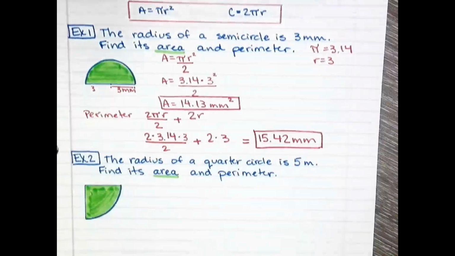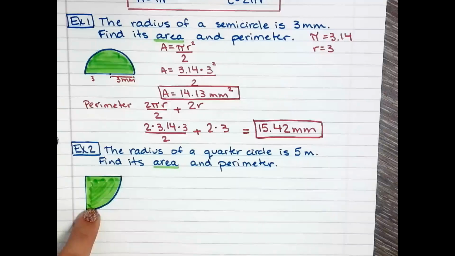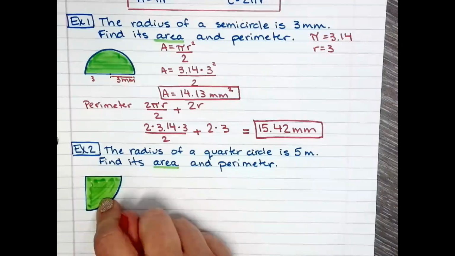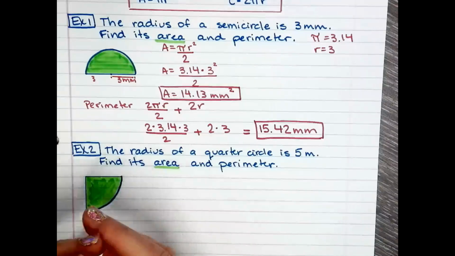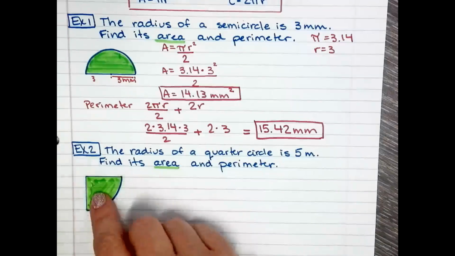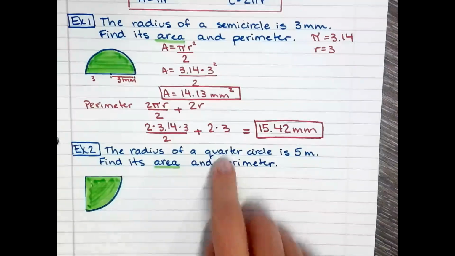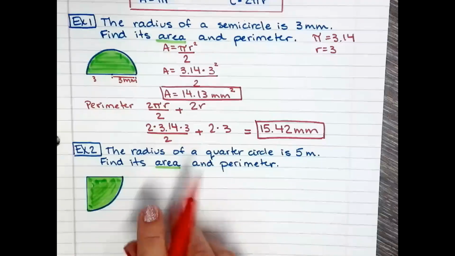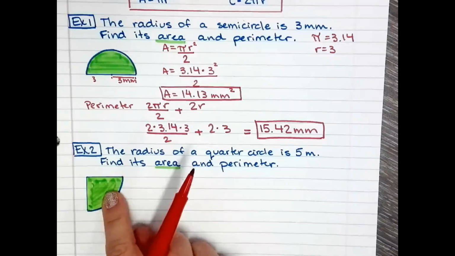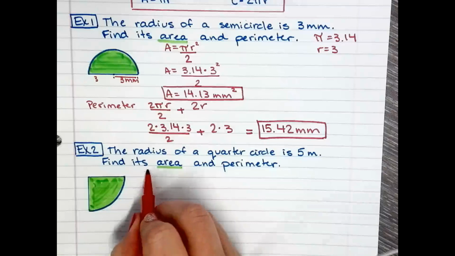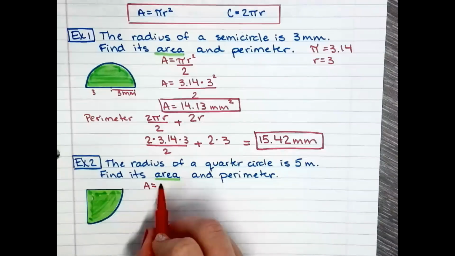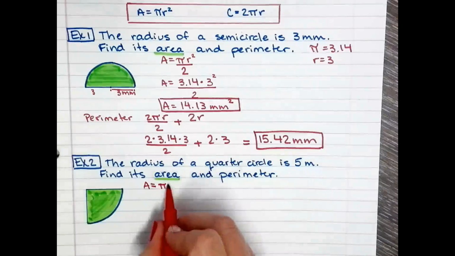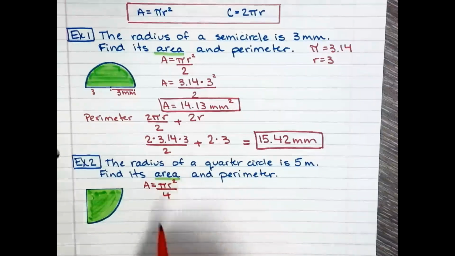Now, if we have a quarter circle, it would need 4 of this same shape to make a full circle. So whatever the whole formula is, you're going to divide by 4 because it's a quarter circle. So again, the area is the green part right there. I know the area of a full circle from there, but since it's a quarter circle, I will divide that formula by 4.